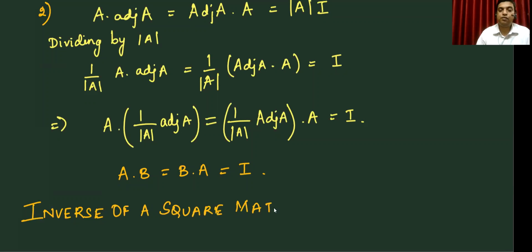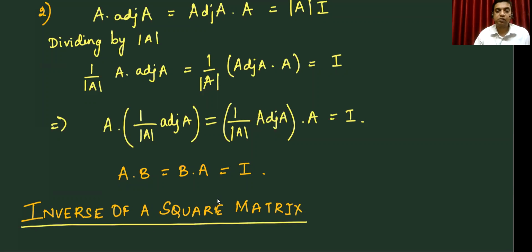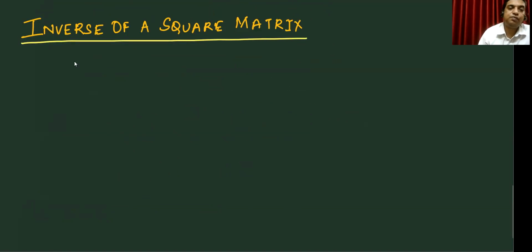Inverse of a square matrix. Now let A be a square matrix that is non-singular.